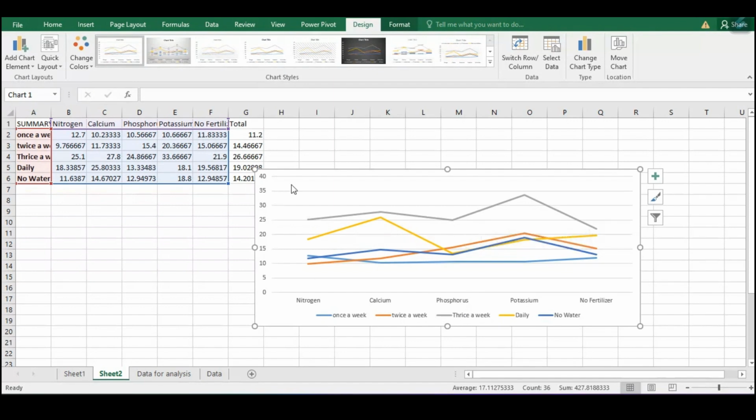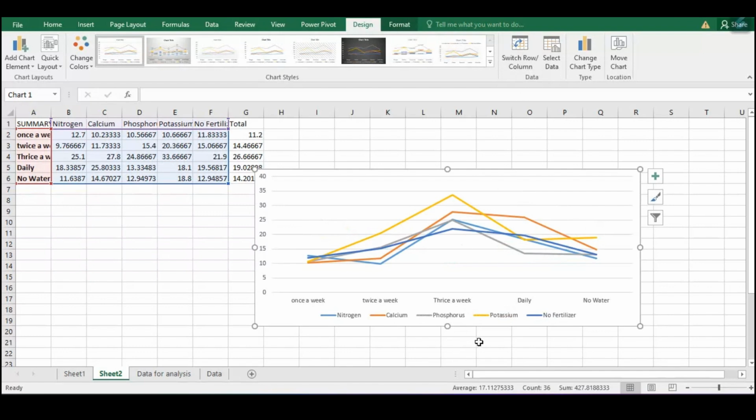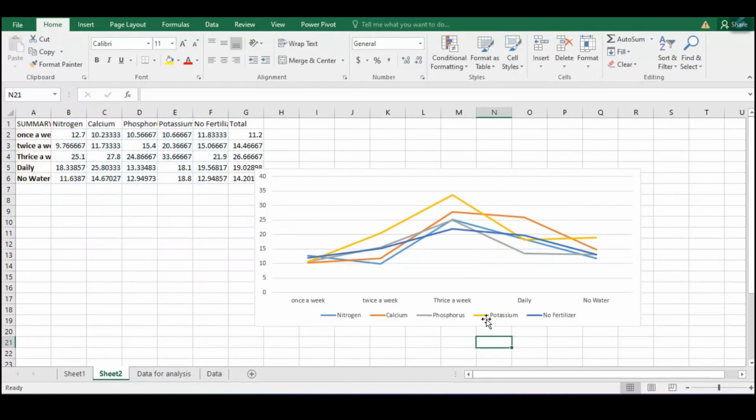And then we can even decide to change our rows here. So you'll find that, look at potassium. Potassium here at the start, almost all of them are recording the highs. But you can see this potassium is in yellow. So if you go all through, you'll find that twice a week potassium was still high, at thrice a week potassium was still high, and only at daily watering is where it didn't record the highs, but also when you didn't apply any water it recorded the highs.